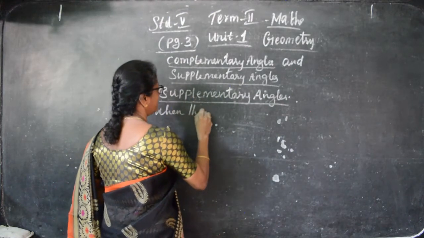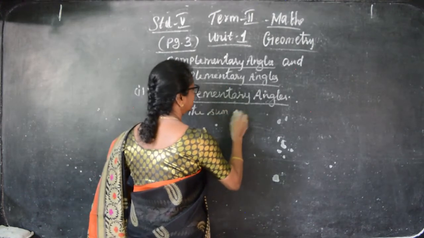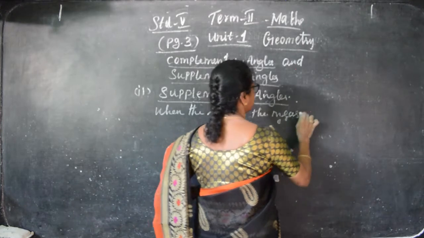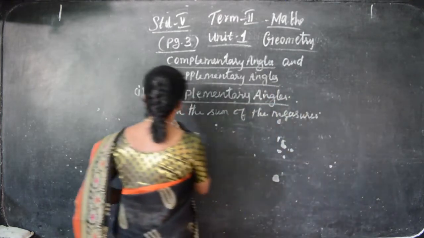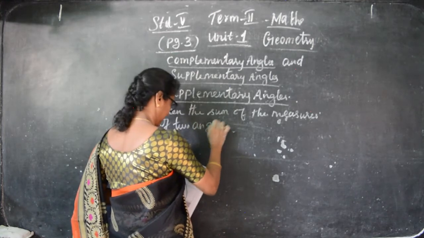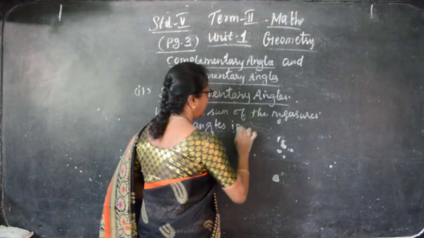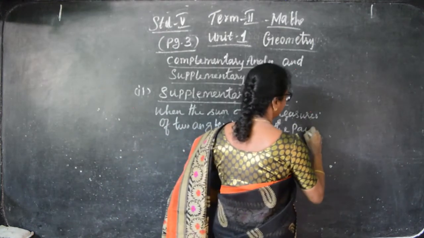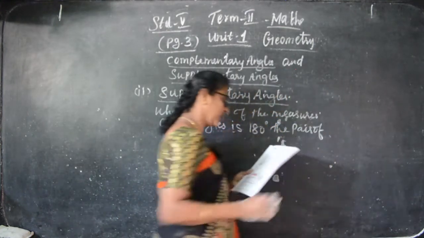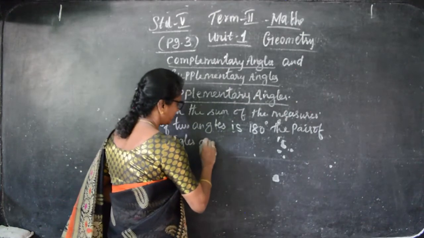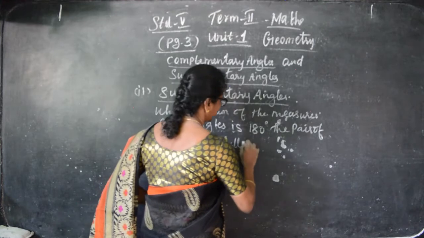When the sum of the measures of two angles is 180 degrees, the pair of angles are called supplementary angles.